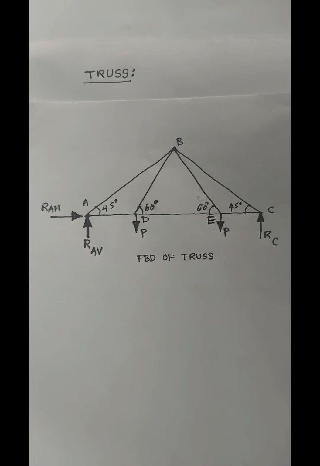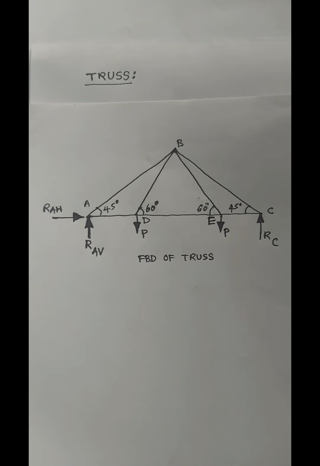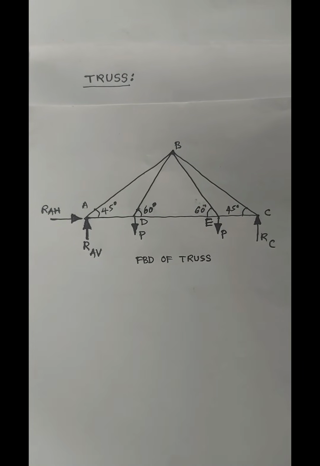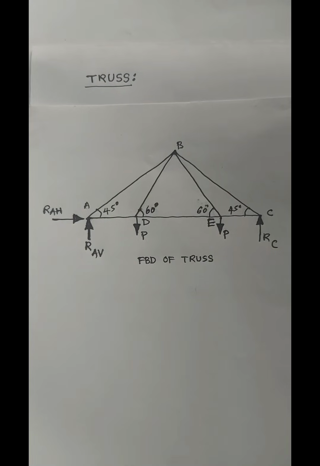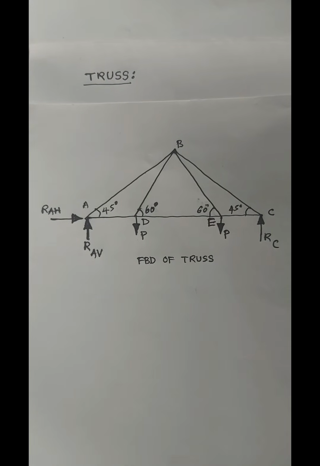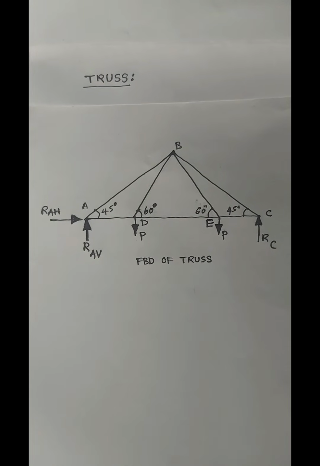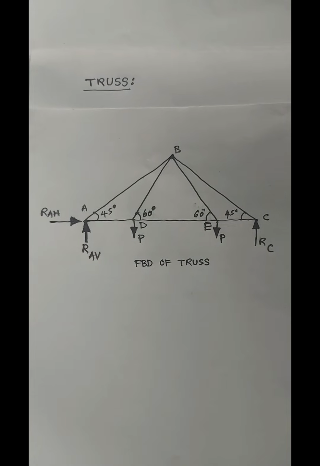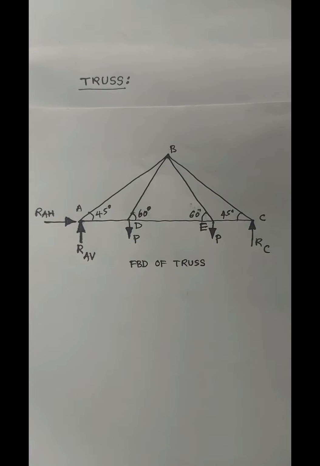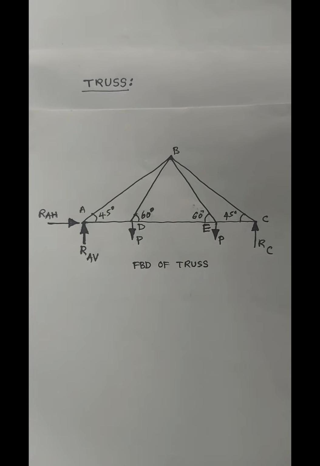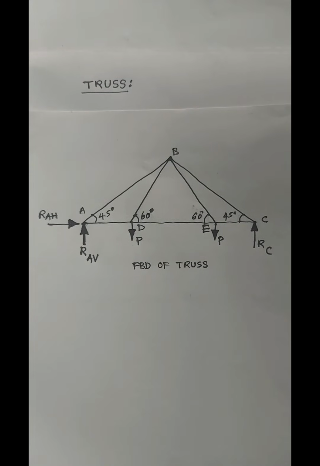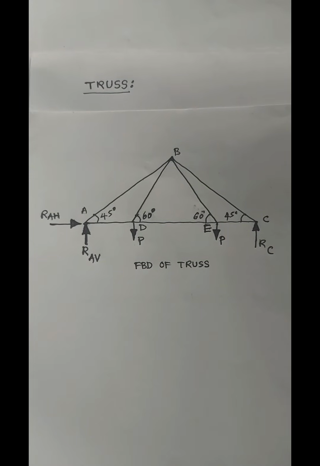When you want to apply the equilibrium equation along y direction, in the equation of equilibrium we get RAV, P and P, RC. RAV is acting vertically upward, so we consider it as positive.